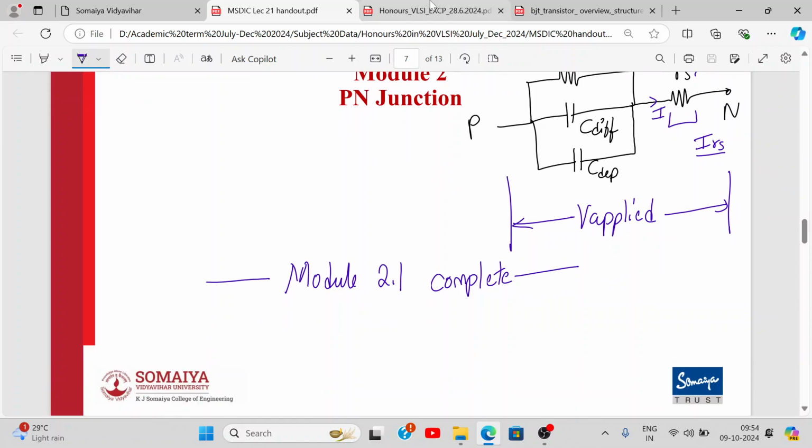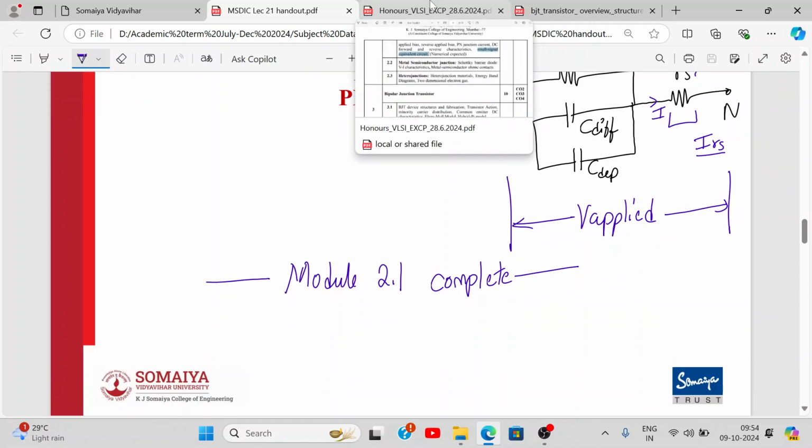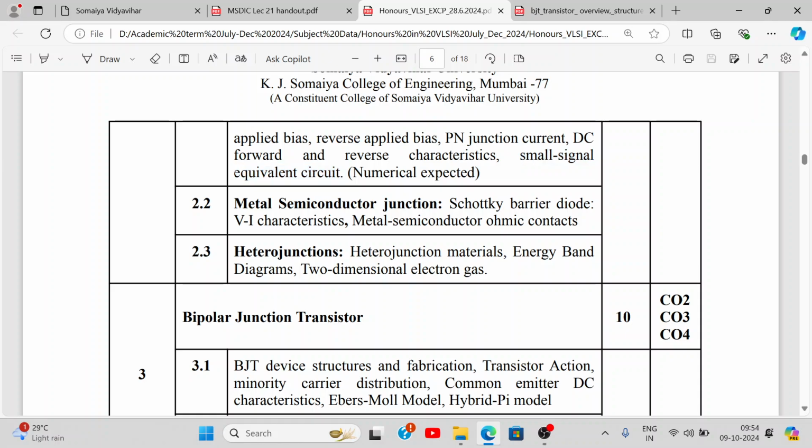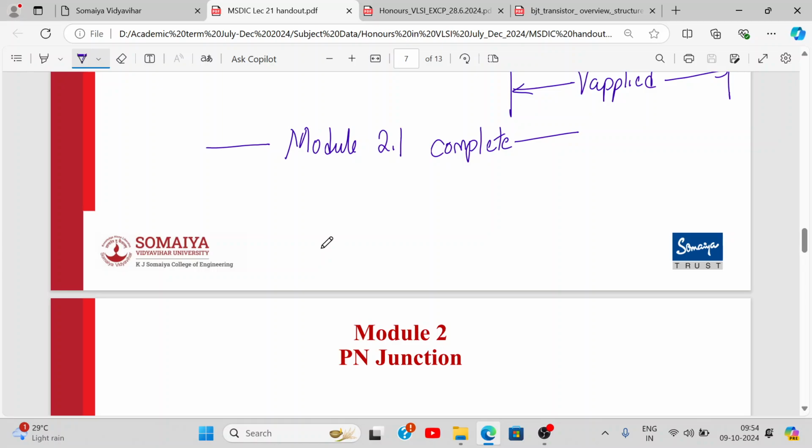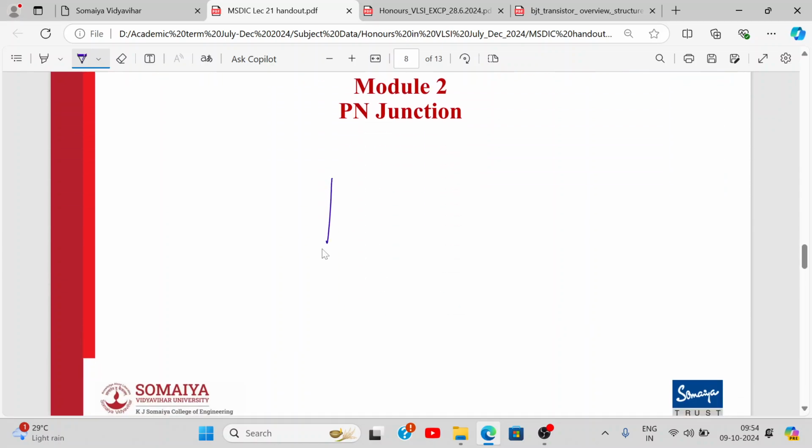Now let me give you a preview of what is coming up next. Next is the metal semiconductor junction. I'll just give you a brief introduction to it and then we will go about it. So basically, if we have a PN junction, now we are talking about the contact to the external world, this contact.